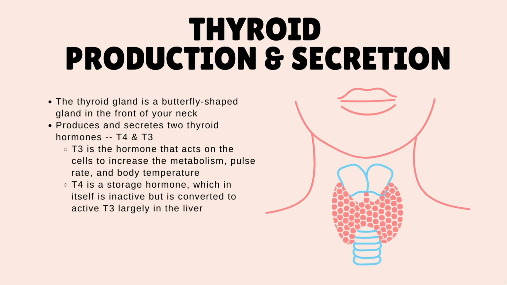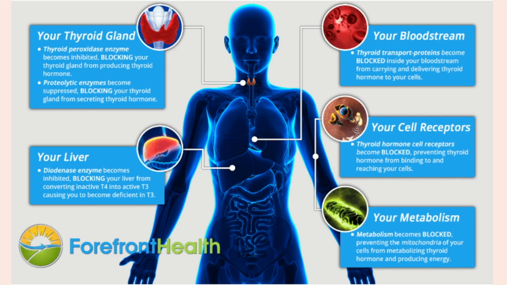T4 is a storage hormone, which in itself is inactive, but it's converted to active T3 in the liver and partly in some other tissues. Also, in normal situations, small amounts of T4 are converted into RT3, reverse T3, which is inactive. The second part is the liver, where, as I mentioned, T4 is converted to active thyroid hormone T3.